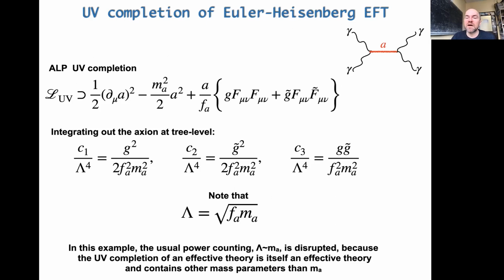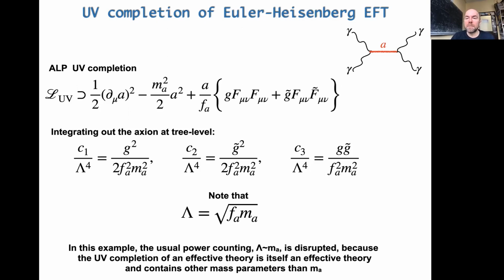Or more generally, we can have axion-like particles that couple, like in this Lagrangian. They couple to F mu nu, and they couple also to F mu nu F tilde mu nu. And then the tree-level exchange of this axion will lead to again effective interaction between the 4 photons.